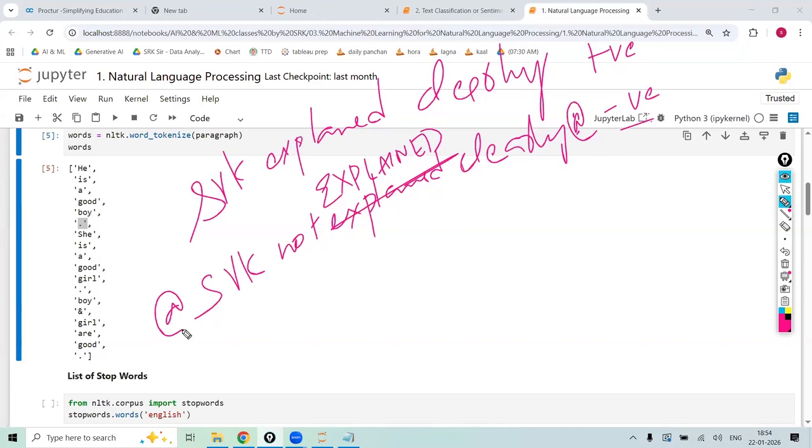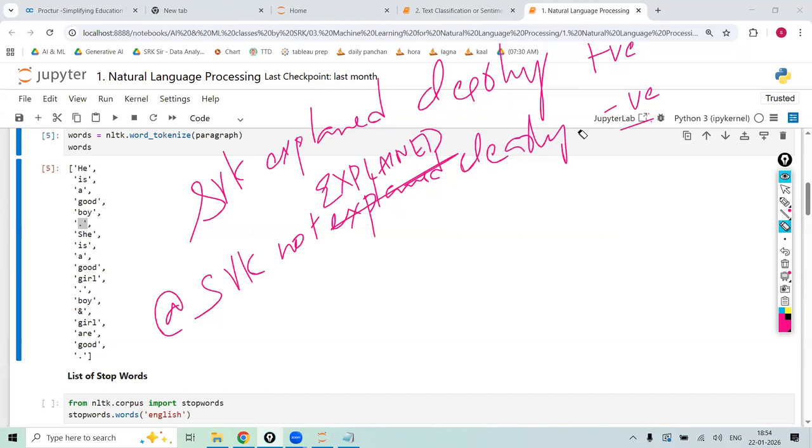For this particular type of project, we don't require the punctuation marks. Since they have no impact on the output variable, whether the punctuation marks are there or not, the output will remain the same. So that is the reason we are going to remove the punctuation marks.